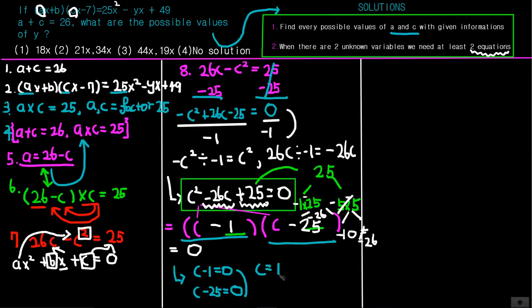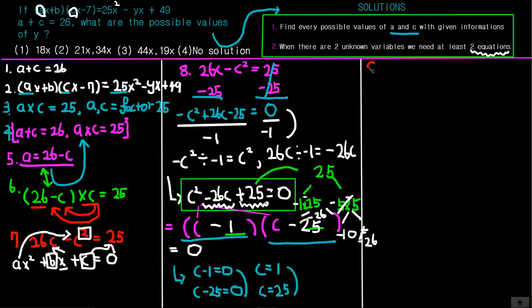We get c is equal to 1. And for the second one, if we add 25 to both sides, we get c is equal to 25. Now we have the values of c, and we can input them into our original equation, a times c is equal to 25 and a plus c is equal to 26, and that will be the next step.